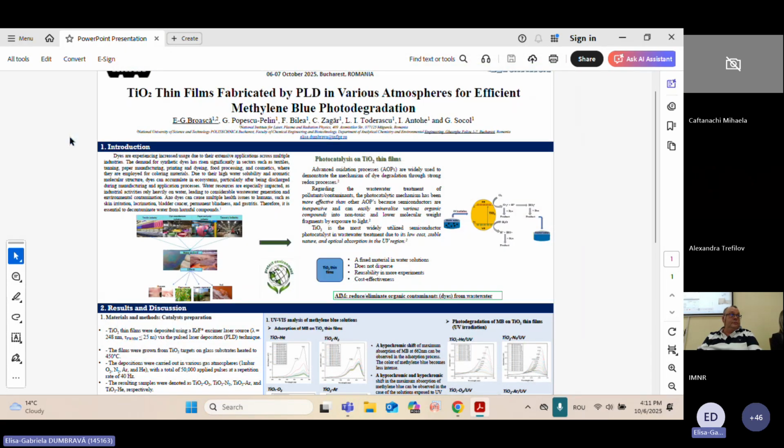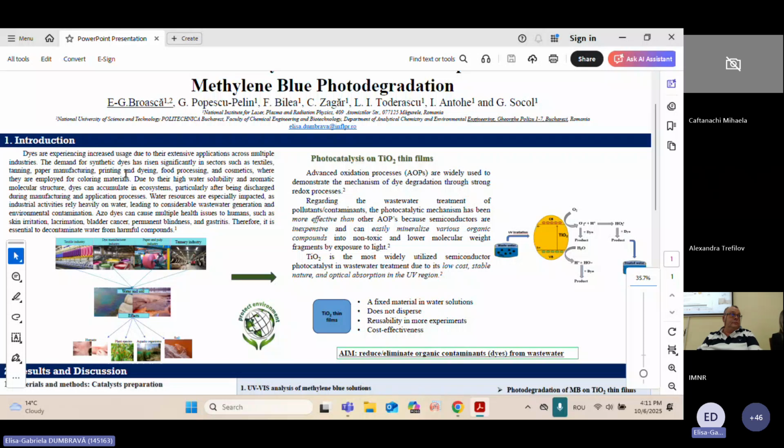It is known that multiple industries produce a significant amount of hazardous compounds such as dyes, which are toxic, non-biodegradable, and potentially carcinogenic. So in this study, we aimed to use photocatalysis to degrade methylene blue by using UV radiation and titanium dioxide thin films.